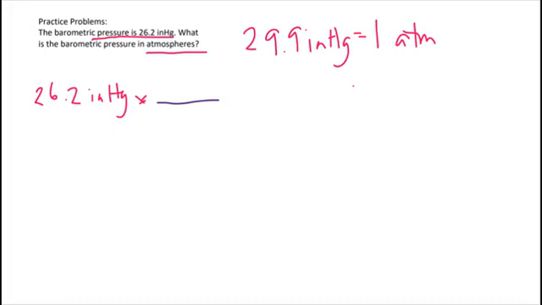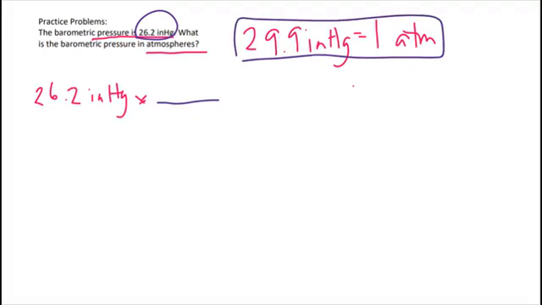All right, hopefully you started with what I am asked to convert, 26.2 inches of mercury. Now we have our conversion factor right here. What goes where? Well, if I have inches of mercury on top, I need to have inches of mercury down here to cancel out, right?